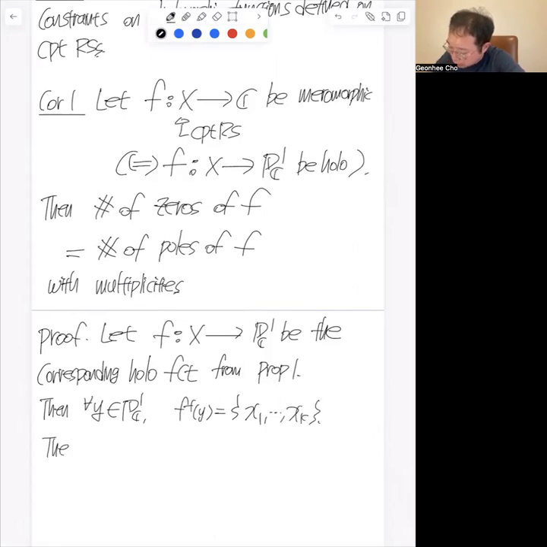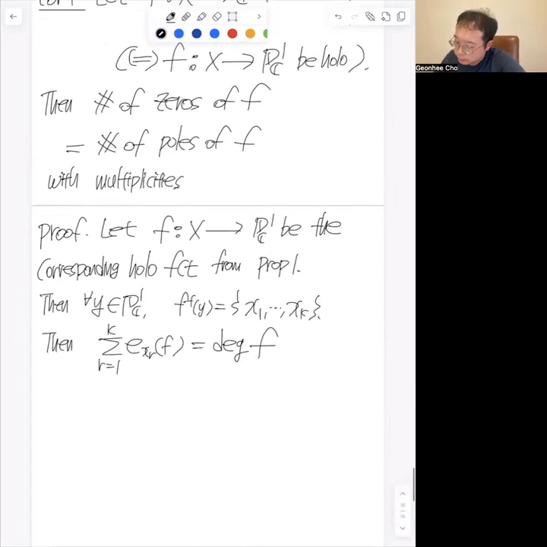Then the summation over r from 1 to k of the ramification index of each xr at the point is the same as the degree of this map.